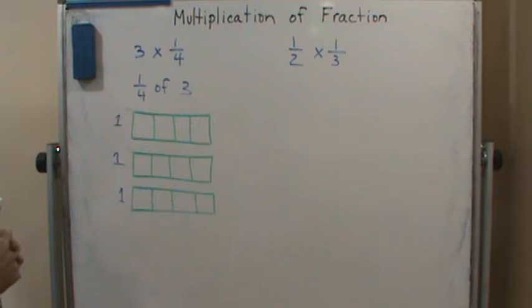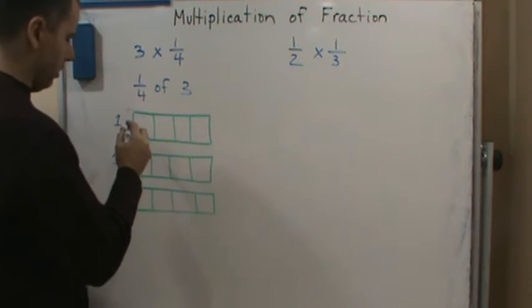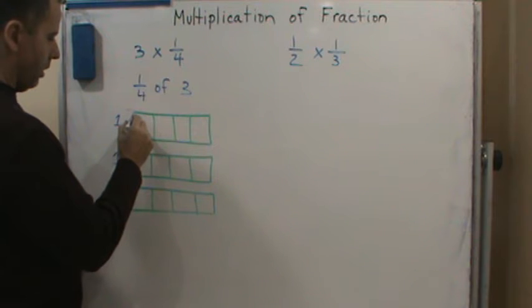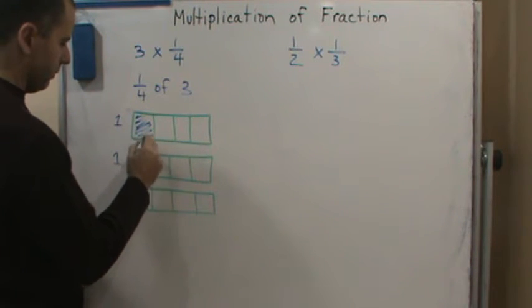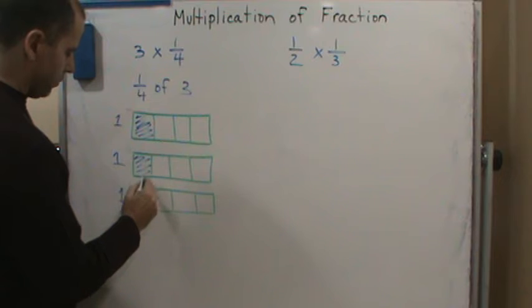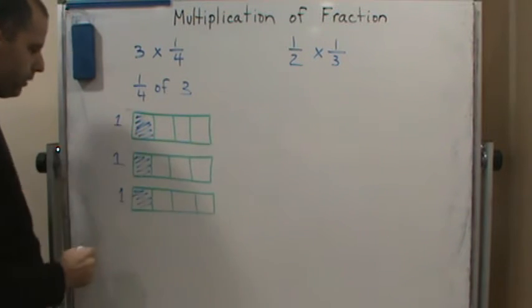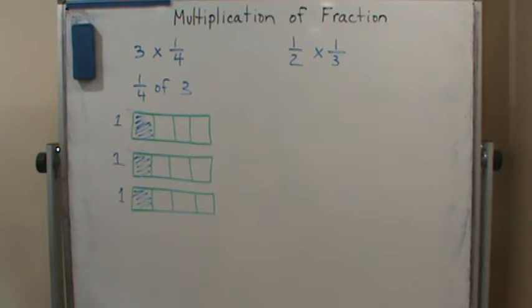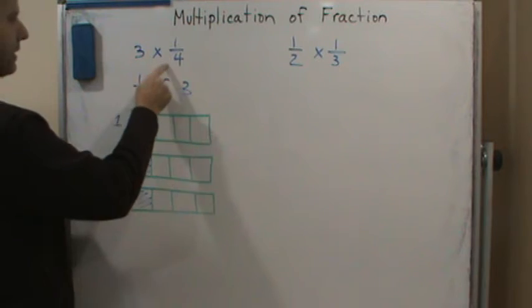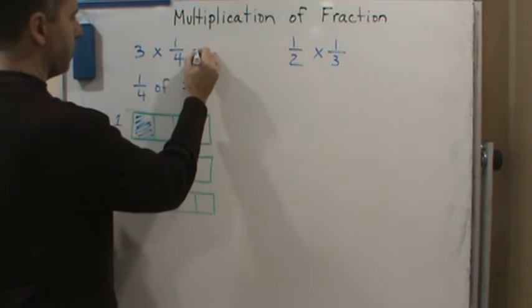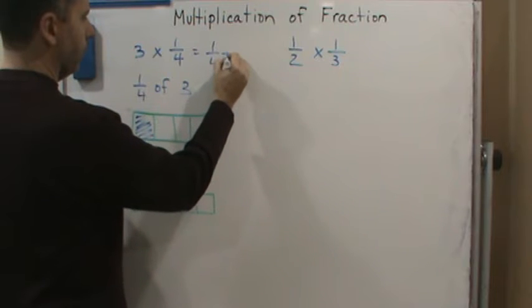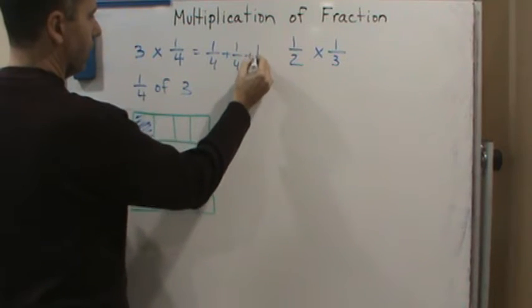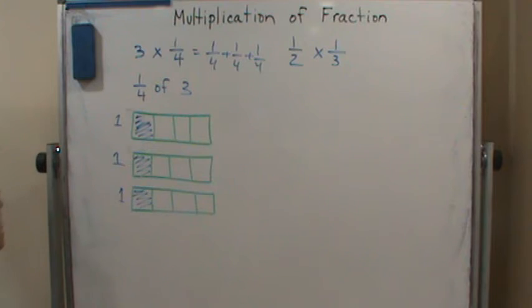Well, I can take 1/4 of this one, and I can take 1/4 of this one, and I can take 1/4 of this one, and then add them together. Because isn't that what this means? 3 times a fourth is 3 groups of 1/4, so it's 1/4 plus 1/4 plus 1/4.